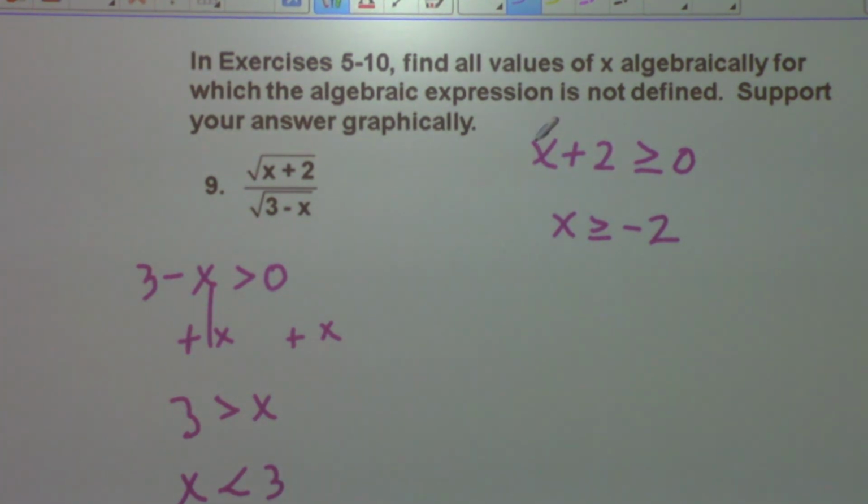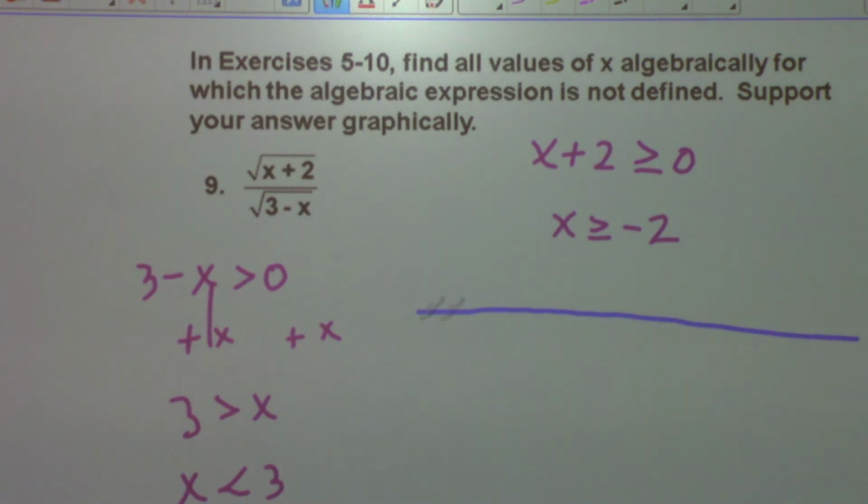So now, how can we tell where the expression is not defined from these? Because these tell you where it is defined. How do we tell where it's not defined? Okay, what I did in 5th period, which I would do for myself, really, because once you talk about is and not and reverse, it's easy to get confused. I get confused.